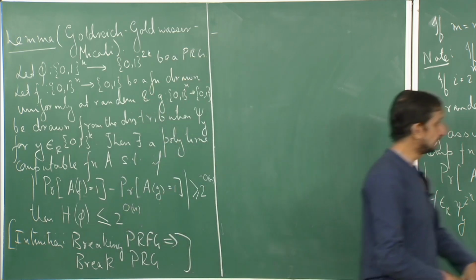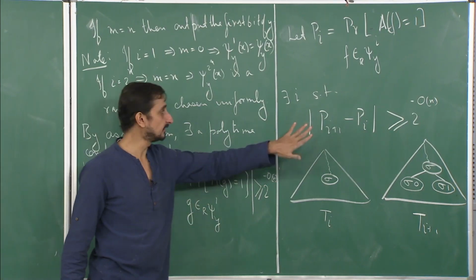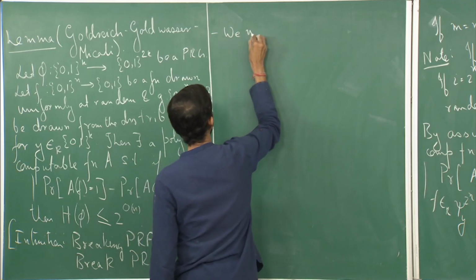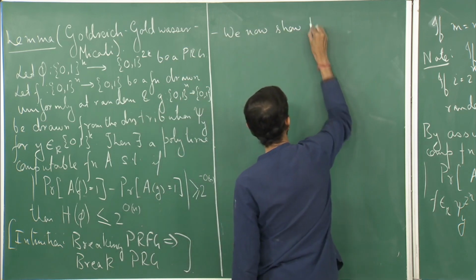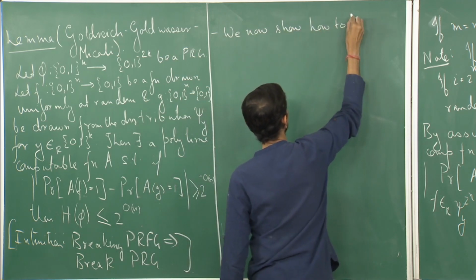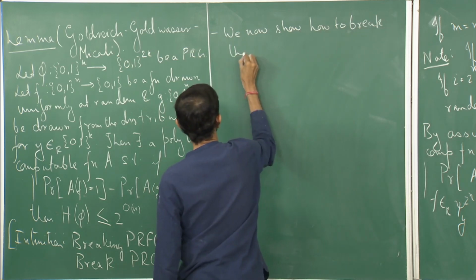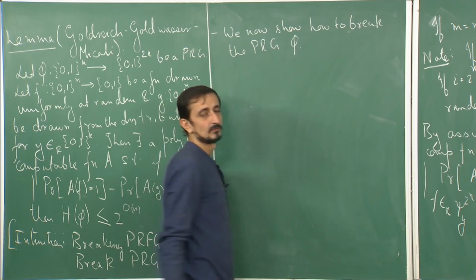So now we have this as our assumption. Okay, so from this we got this as the assumption. So under this assumption, we now show how to break the PRG phi.